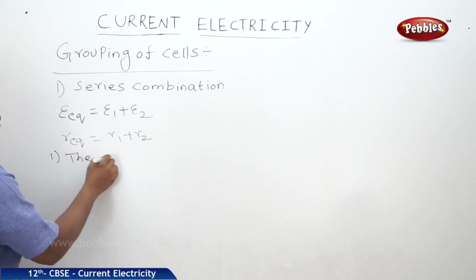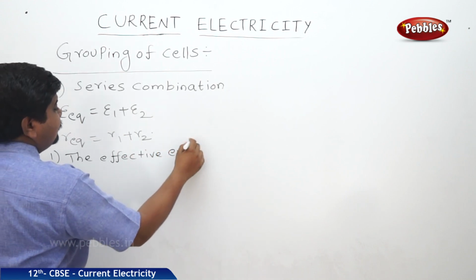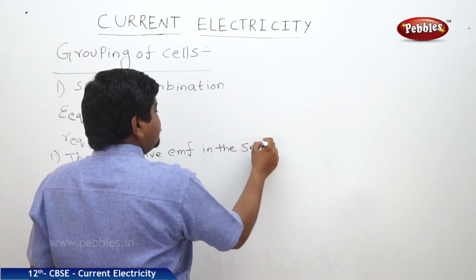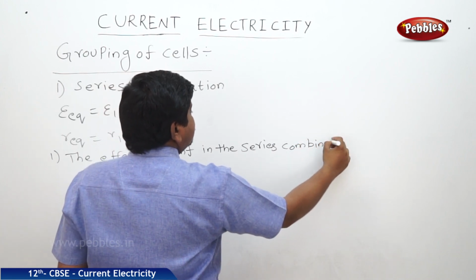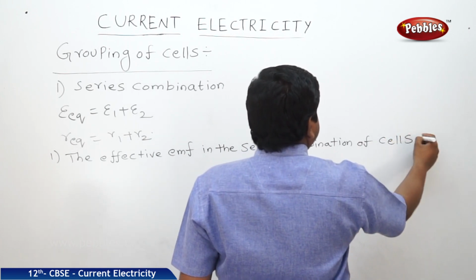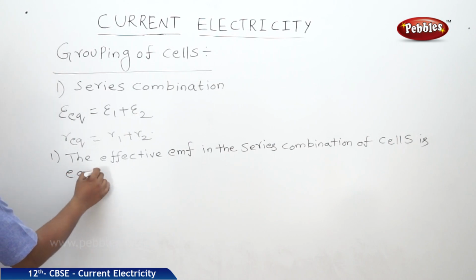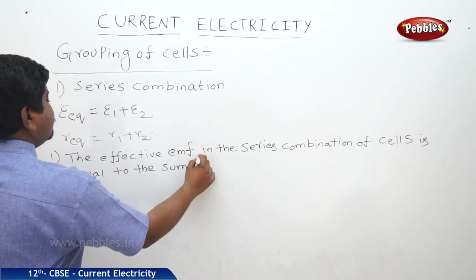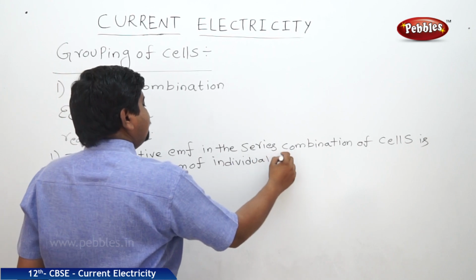The effective EMF in the series combination of cells is equal to the sum of individual EMFs.